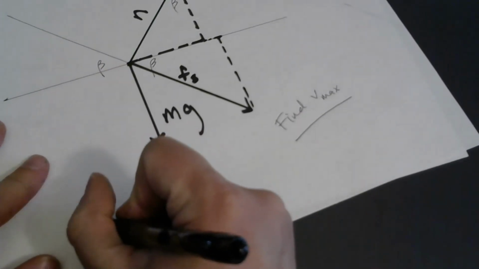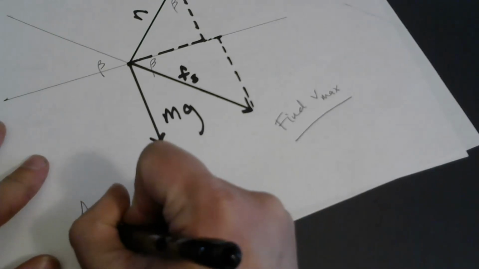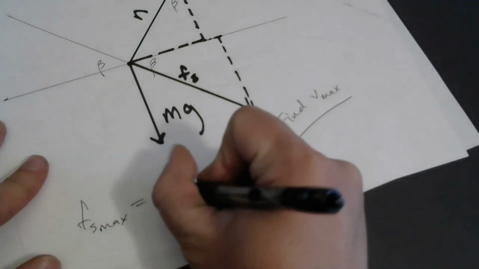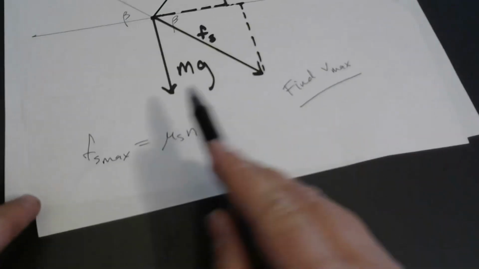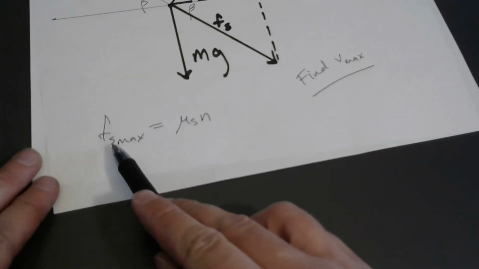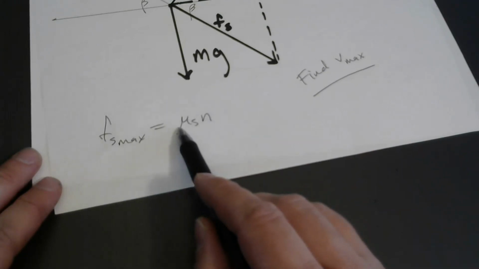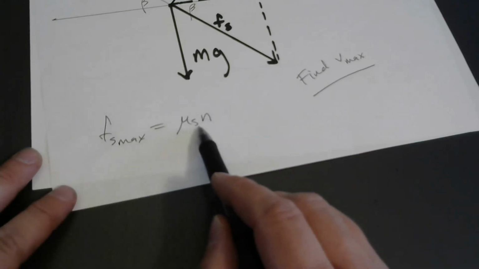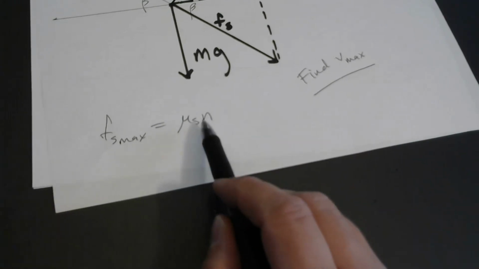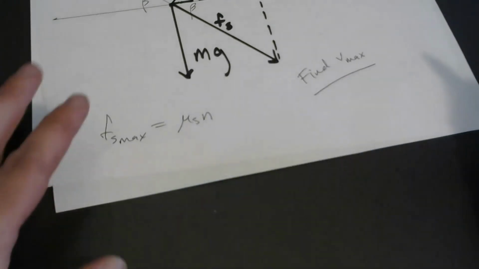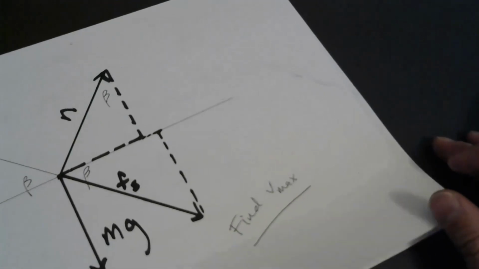Well, static friction, Fs max, is mu times the normal force. So multiplying the vector force by -1 could be accomplished by just changing the sign of the coefficient of friction. All I have to do is go back to my original result.